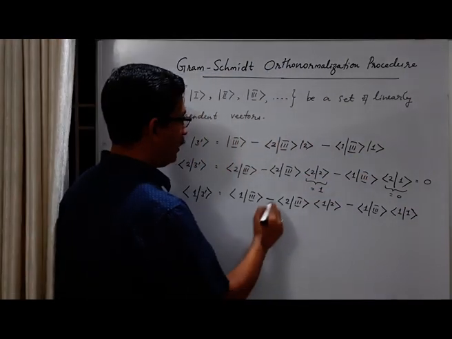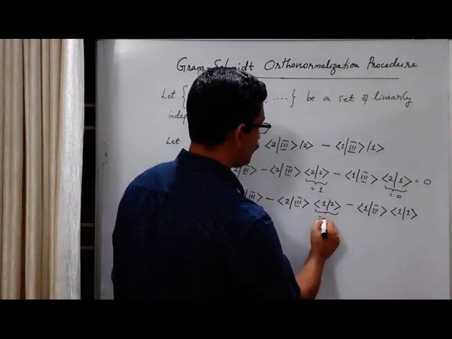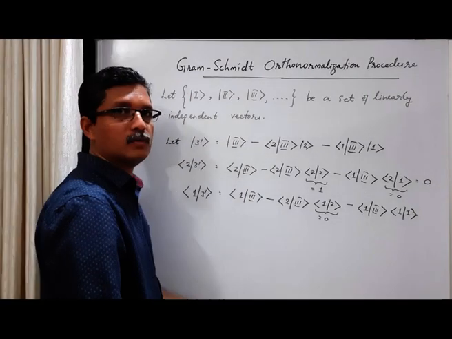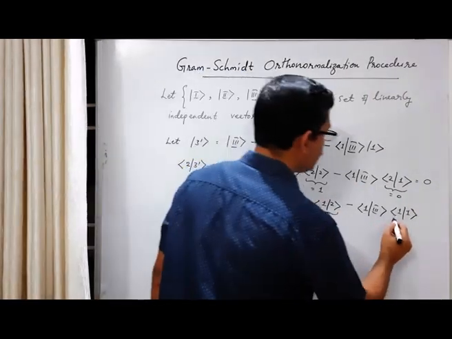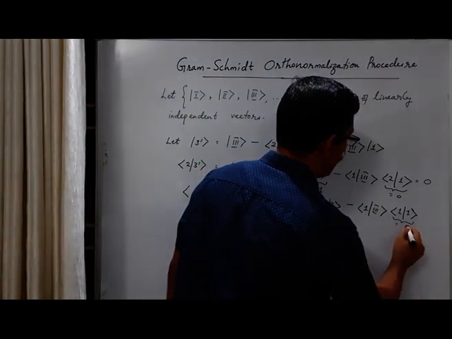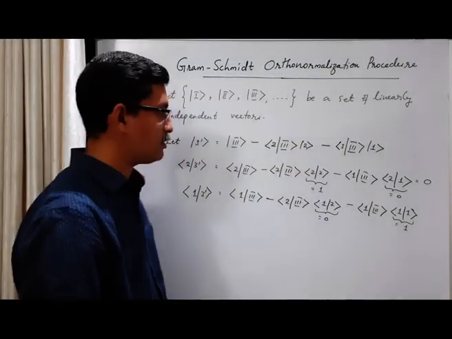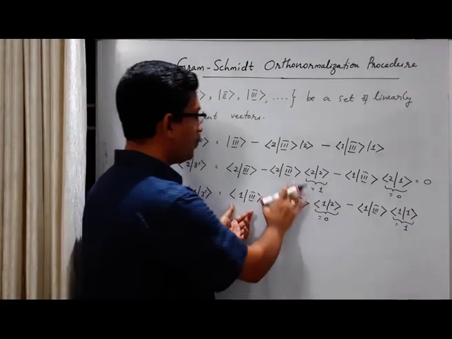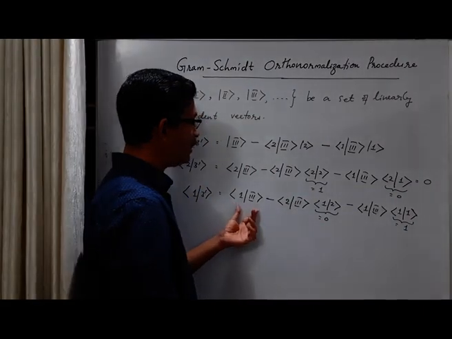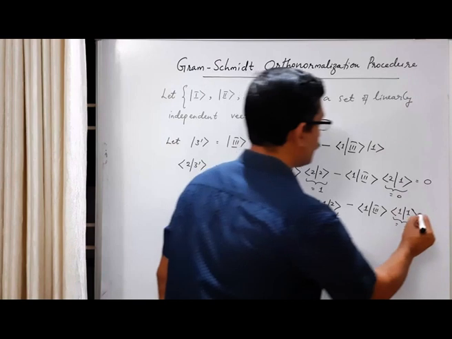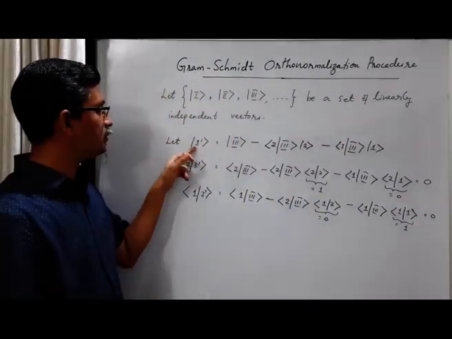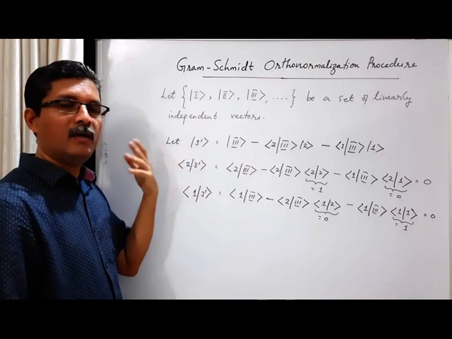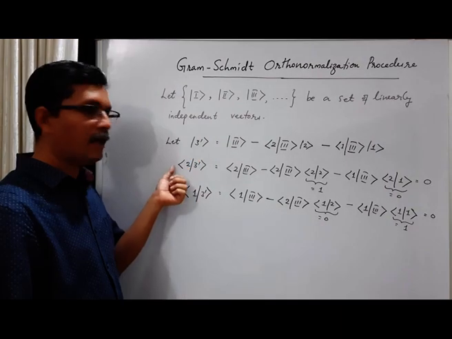Okay, and this is again 0 because |1⟩ and |2⟩ are mutually orthogonal. If this is 0, this is also 0, and here ⟨1|1⟩ is 1 because |1⟩ is normalized. So this part will go to 0. ⟨1|3⟩ minus ⟨1|3⟩ will be 0. So it's clear that |3'⟩ will be orthogonal to both |1⟩ and |2⟩.